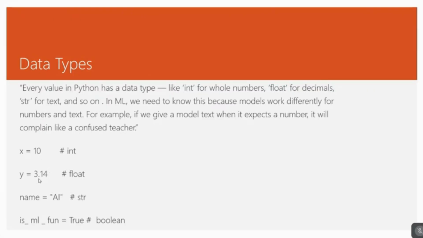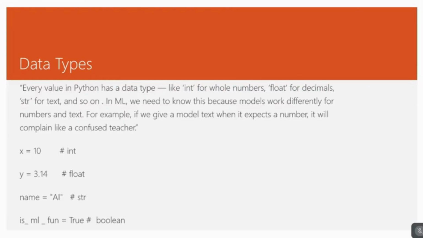The data type of 3.14 is float because it is in the form of a point. Here name is AI. AI is a string data type. In C, C++, and Java, we consider a string as a character. But in Python, we consider a character as a string.